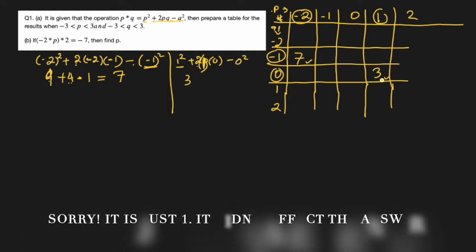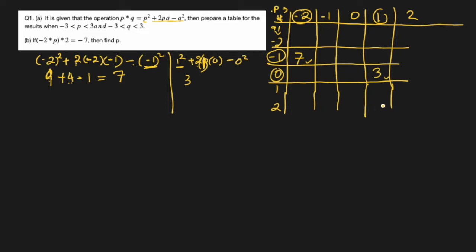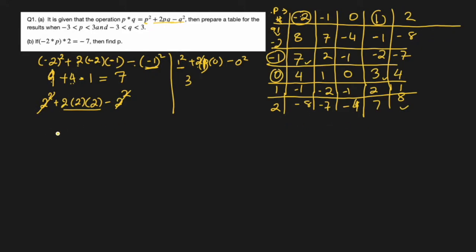Here we will get 3. And one last, let me do 2 and 2, the last one, this one. So it will be P square, 2 square, plus 2PQ minus Q square. So 2 square and 2 square will cancel out. We'll get 8. And this is how I will fill up the whole table. So the table is complete now, and let me go to B part.